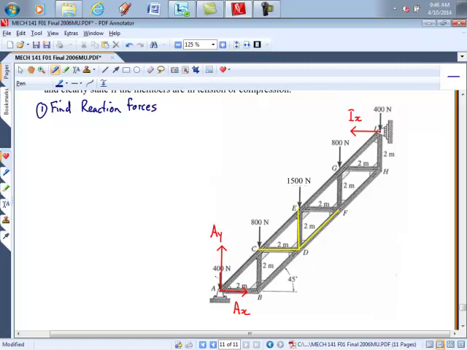And then the other one is going to be the forces in the Y direction. All right, so if we move out from A, first thing we get to is this 800 Newton force. That 800 Newton force is going to cause a negative moment, and the lever arm is 2 meters.